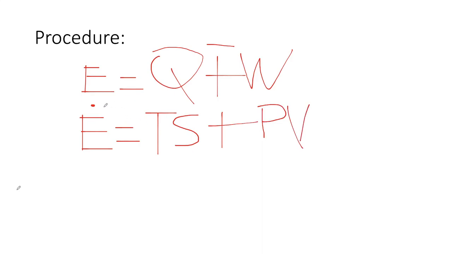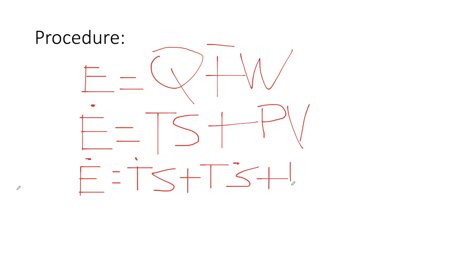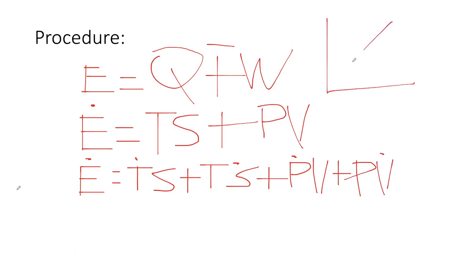Now, if we apply the chain rule to this, like I did here for the energy rate, that means the energy rate is equal to the rate of change of temperature times the entropy, plus the temperature times the rate of the entropy, plus the pressure rate times the volume, plus the pressure times the volume rate.